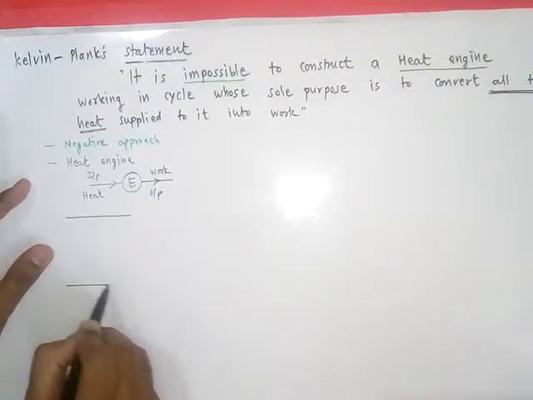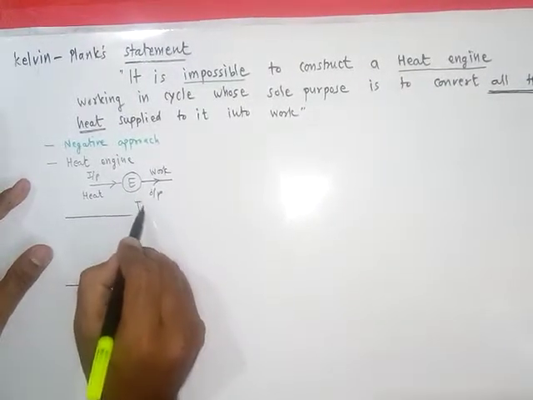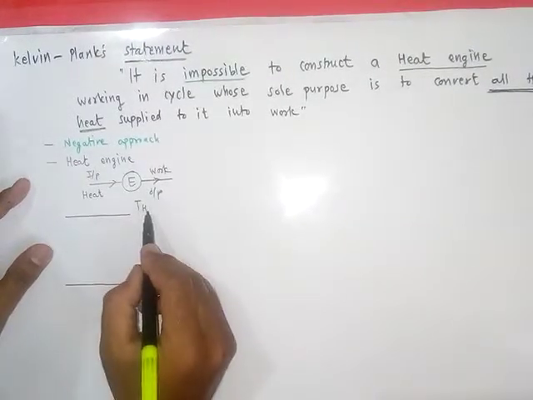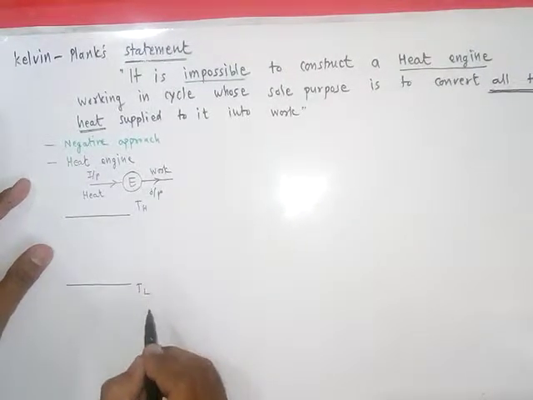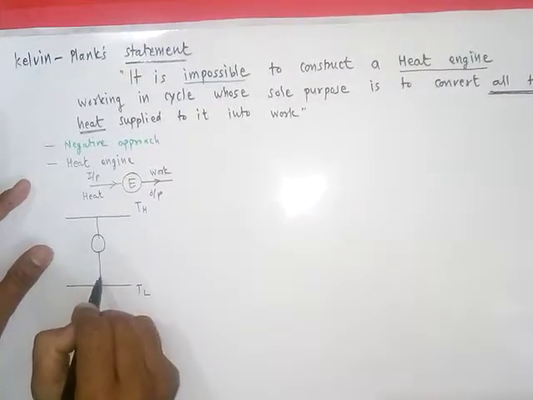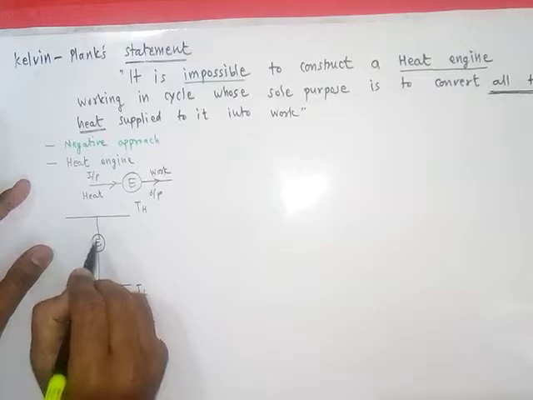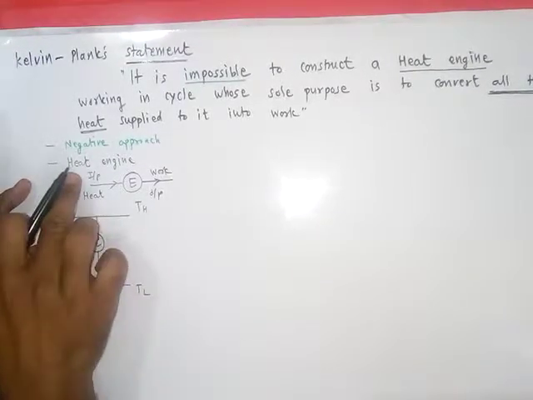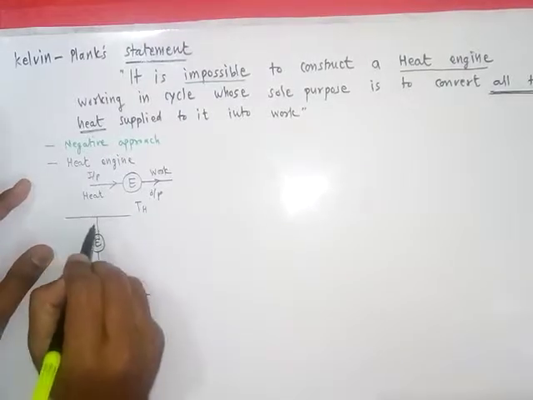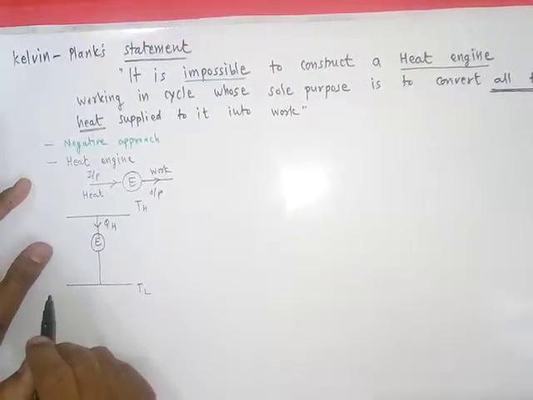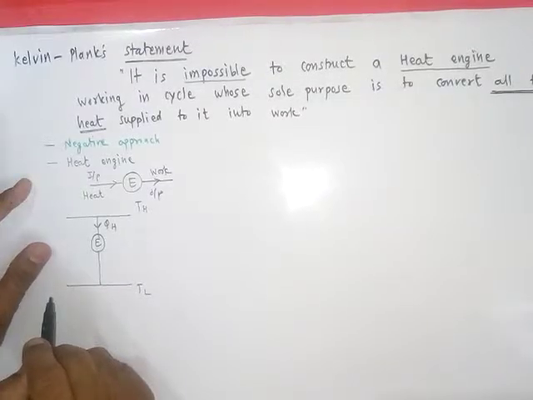We will take two thermal reservoirs to place our heat engine: TH, the high temperature reservoir, and TL, the low temperature reservoir, and here let's place our heat engine E. As this is the heat engine, it is taking input energy as heat. So let's take QH as the heat from the high temperature reservoir.